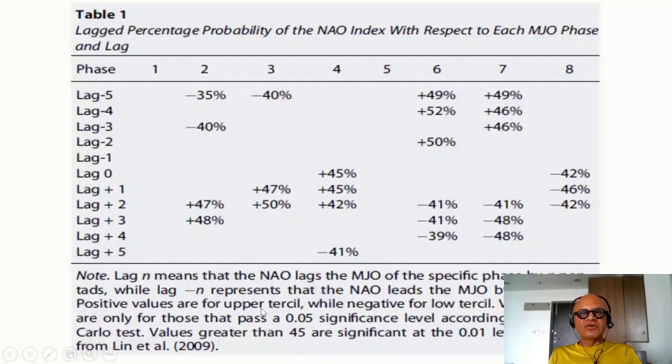So you remember that the phase of the MJO itself is starting in the Indian Ocean, Western Indian Ocean, Eastern Indian Ocean, Maritime Continent, West Pacific, and so on. So the waxing and waning of the convection and moving heat source.